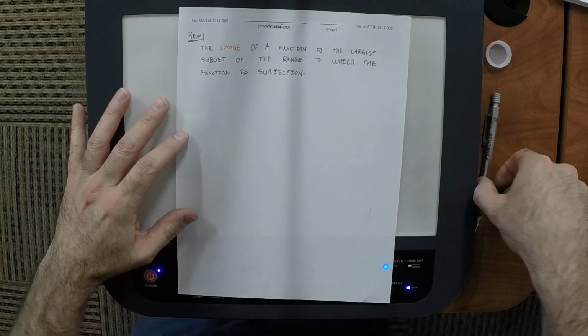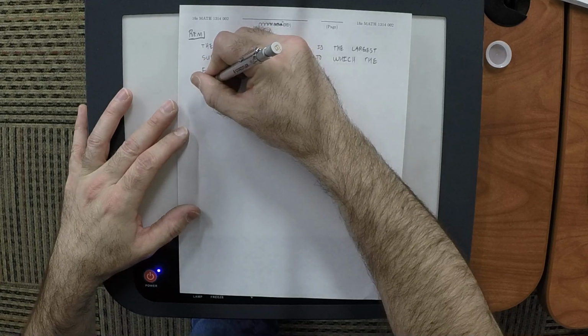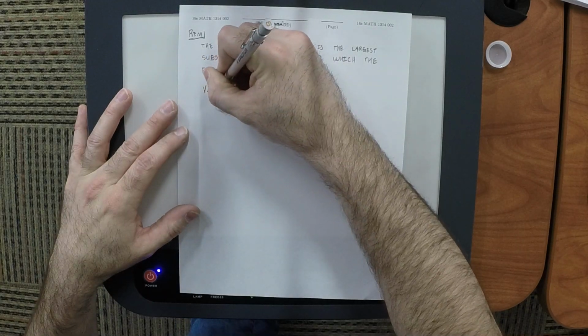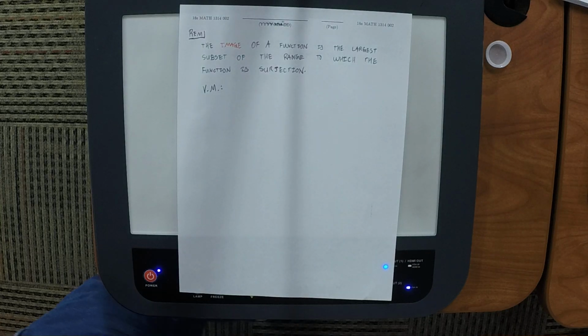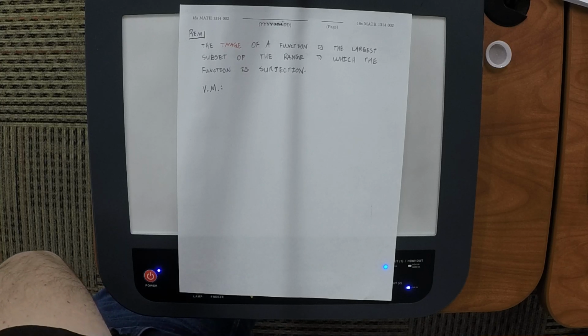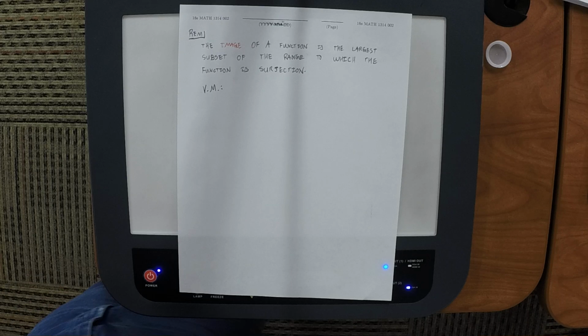All right. So to make the vending machine analogy, you could walk up to a vending machine. That's a function, in the sense that every button produces one output. But it might be the case that one of the items, there's actually no button you can press to get it.